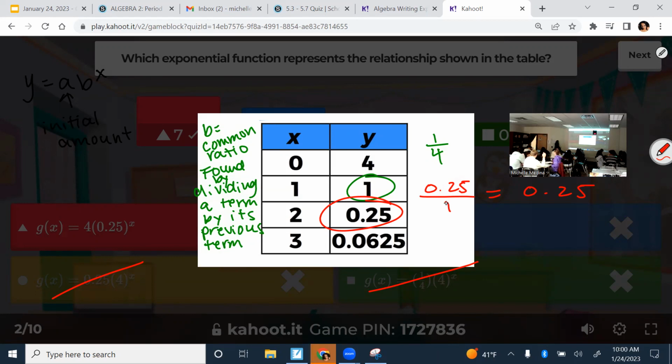All right, that's what I'm multiplying by each time to get the next number. Make sense? 0.25 times 0.25 gives me this. But to find your common ratio, what your B should be, it's that way. Make sense? Any questions? Aiden?